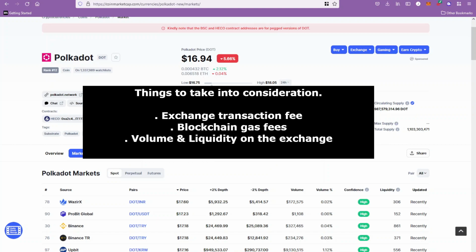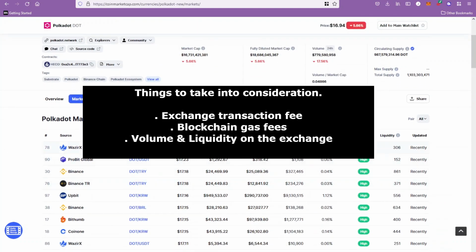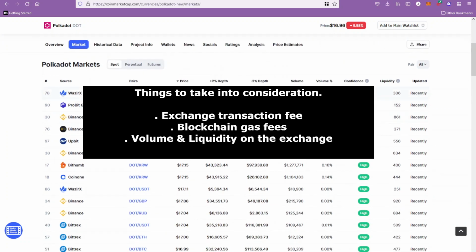So it's important that you calculate all this before it happens, because you might see a good opportunity like there, you see there's over $1 difference in the price, but then by the time you have made the transactions, you have sent it to a wallet, which is then sent to the other exchange, you add up all those fees from the transactions and the gas, and then maybe at the end of it, you don't earn as much money as you think, or you maybe even lose money because you're spending too much money on the transactions.